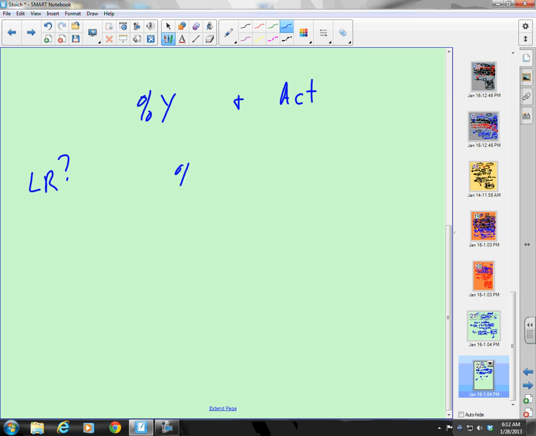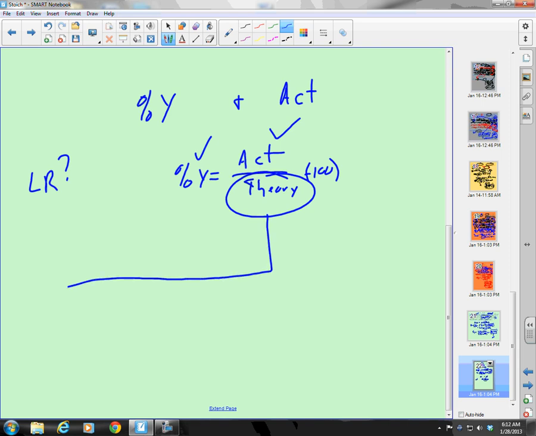My percentage yield is equal to my actual divided by my theoretical yield, right? So I have that, and I have that, meaning I can calculate my theoretical yield. Once I have my theoretical yield, and that's one of my products, I can go from my theoretical yield of my product to my limiting reagent using the mole ratio. And then I'd have my limiting reagent. So that's another way I could do a problem with percentage yield.